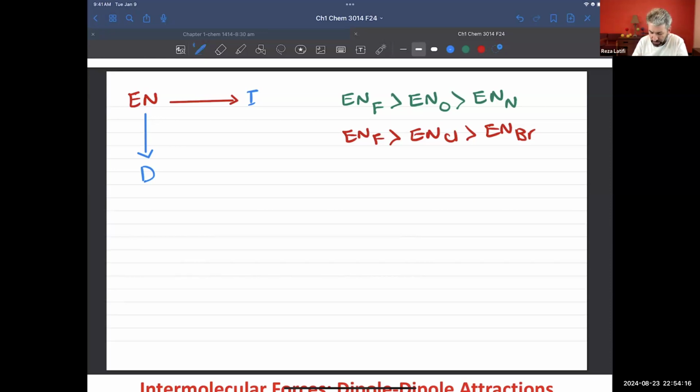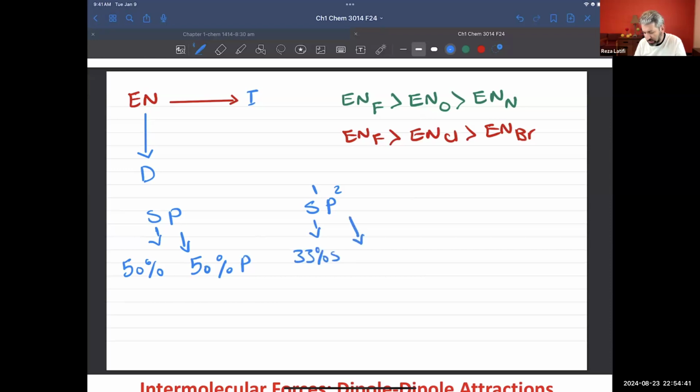That's one. And we talked about hybrid orbitals. We said sp has 50% s character and 50% p character. Next, sp2 is going to be 33% s and 67% p character.